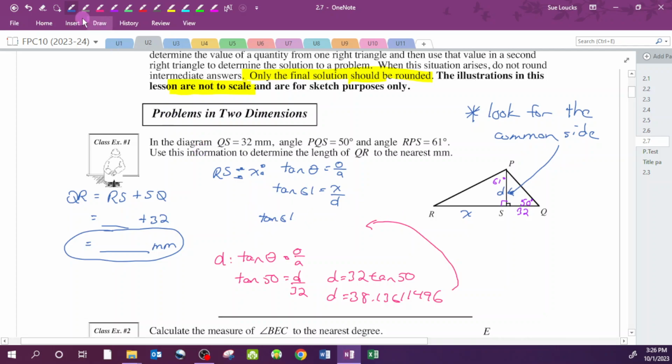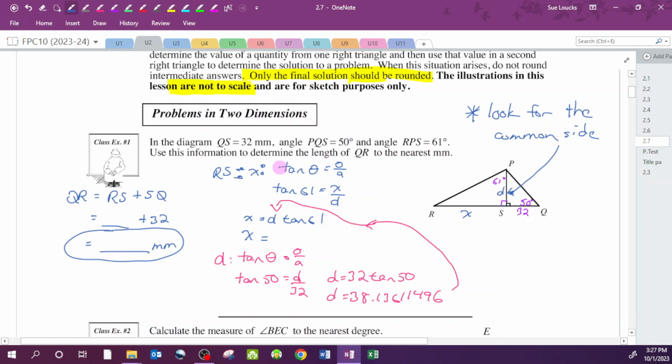Sorry, I can actually solve this for X. I should have done that before. So X is going to be D tan 61. I'm going to plug in this value of D, and I'm not even going to bother writing it out because I'm going to use all of those digits.